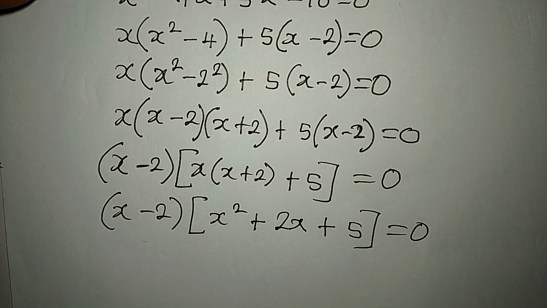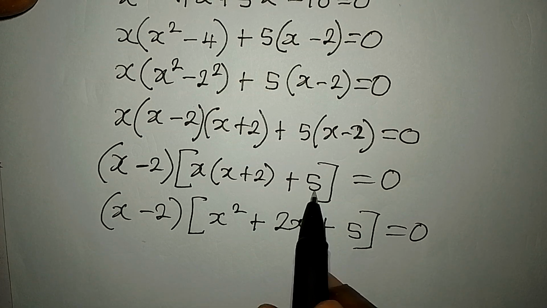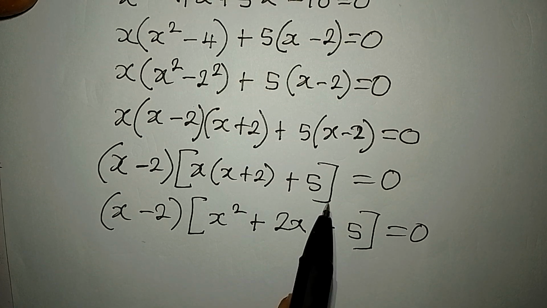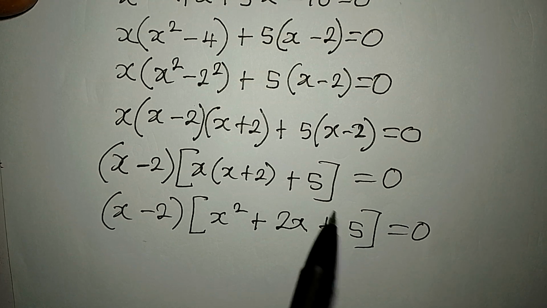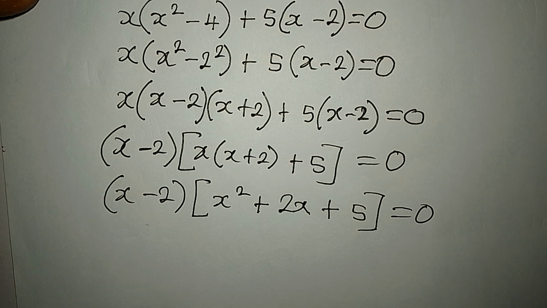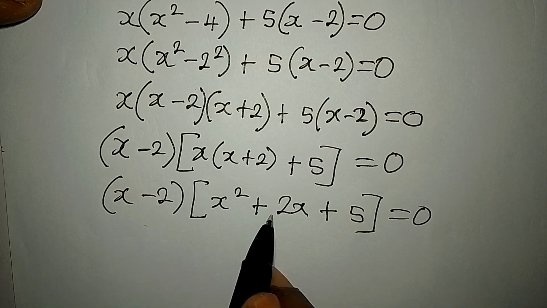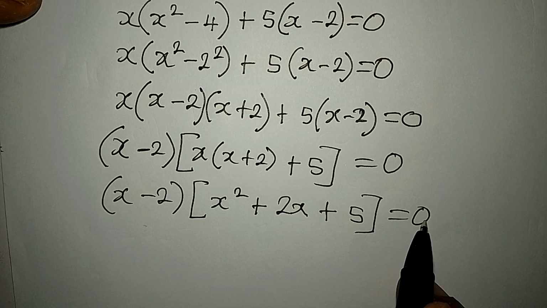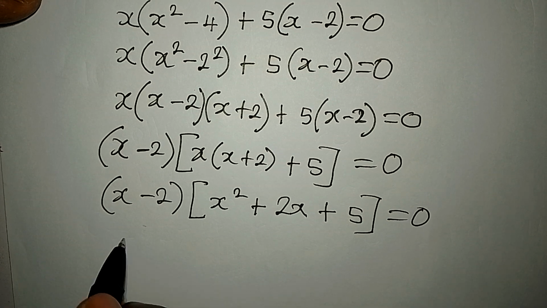Now sometimes you might be tempted to multiply the x by 5, but 5 is already out of the bracket, so you cannot multiply x by 5, or use 5 to multiply everything here, right? Now what do we do? Apply zero product rule, because we are multiplying these two to get 0. So it means either of them or both of them should be equal to 0.